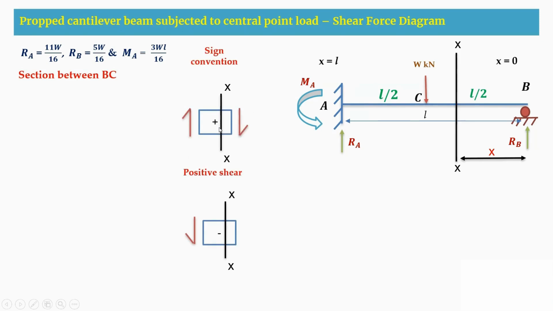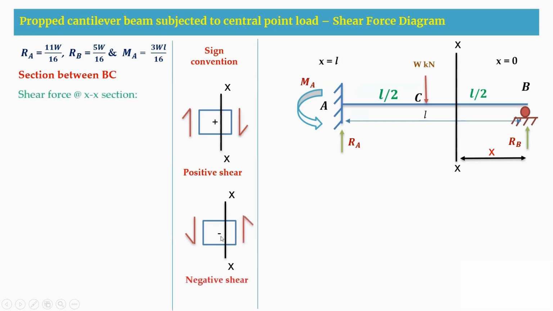When we cut a section in the beam, towards the left hand side or the right hand side, when the arrow is making a clockwise direction, then that is said to be positive shear.